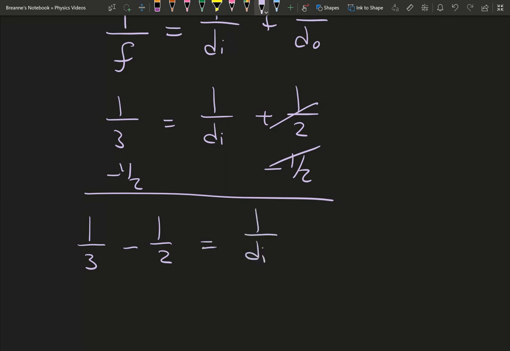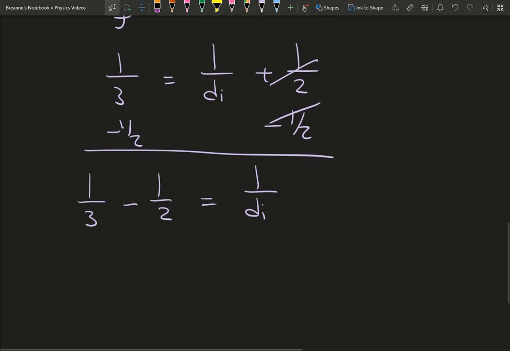You need to find similar denominators, or you can sit there and put it in the calculator. But we can do 6 as similar for both of those. And so it'd be 2/6, and that would be 3/6, because if you simplify it, that goes to a half, that goes to a third.